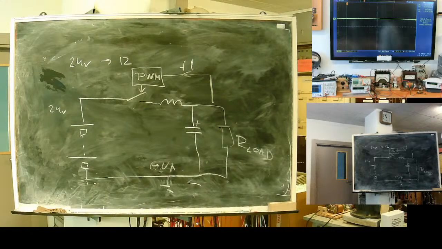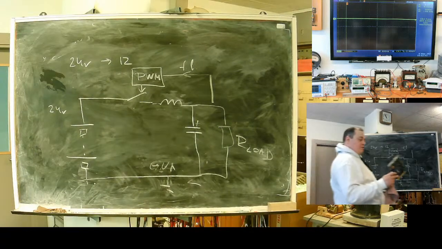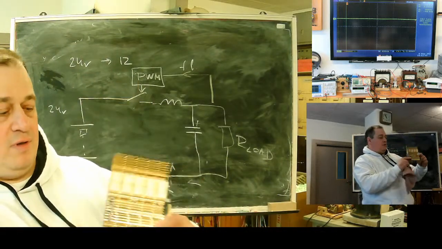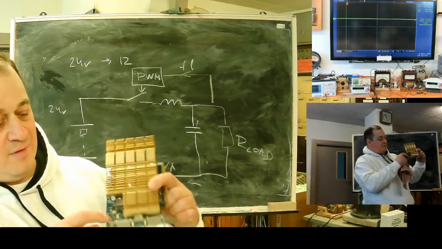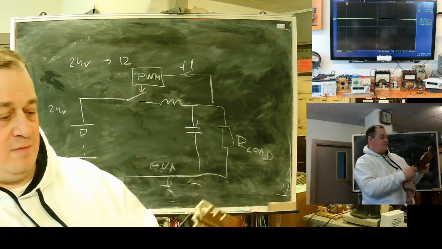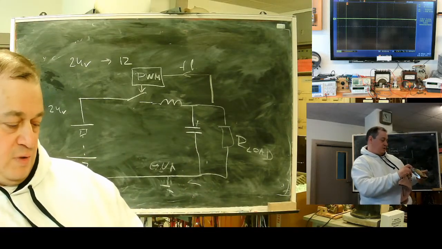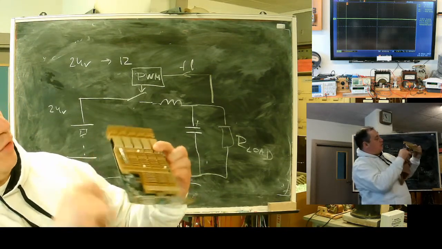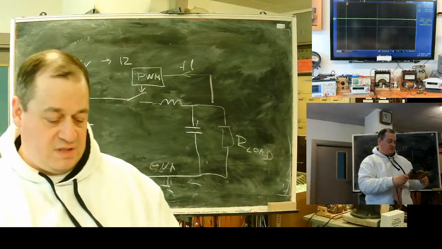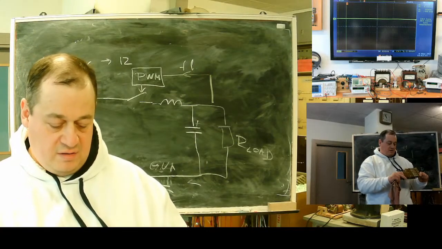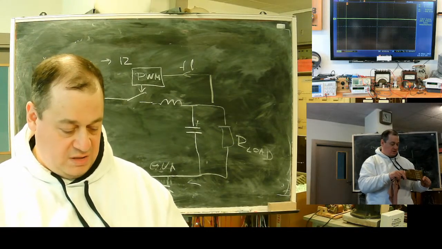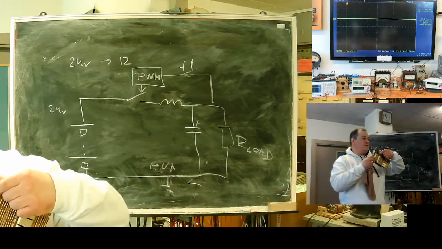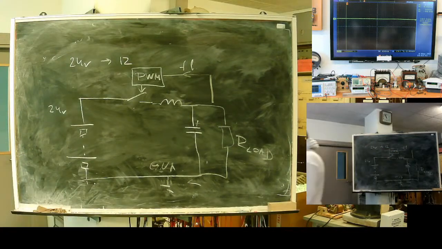For example, an old video card. Here's the coil, and the switch. Another one under the radiator: coil, and these are FET transistors. An older version may use bipolar, it's not important. Here it is, a power converter.